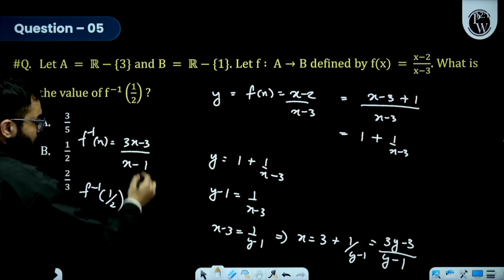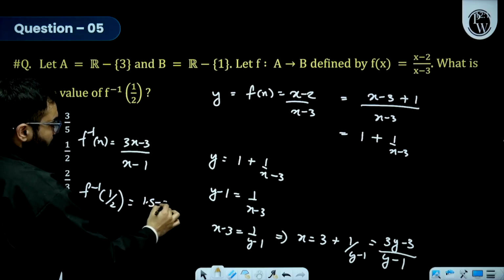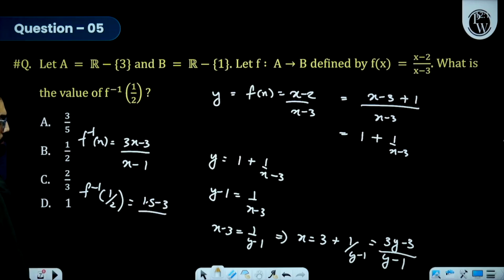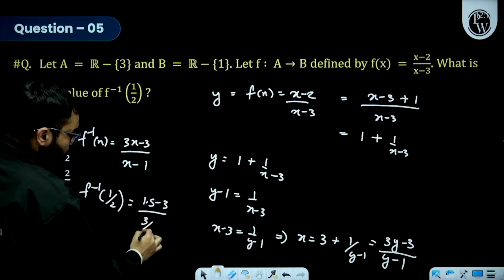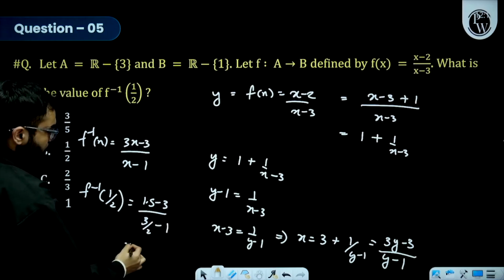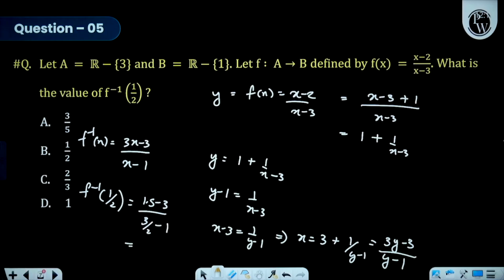So this becomes 3 by 2, that is 1.5, minus 3, and the denominator becomes 1 by 2 minus 1, that is 0.5. So 1.5 minus 3 upon 0.5 is going to be our final answer.